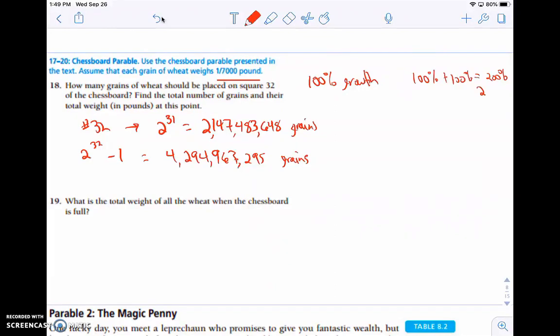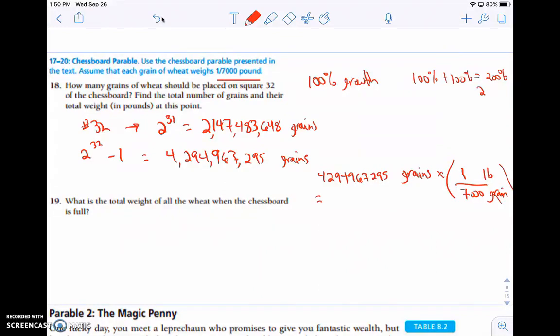So we would take our 4,294,967,295 grains and multiply this by 1/7,000, so we can think of this as 1/7,000 pounds per grain, and those grains are going to cancel out there.